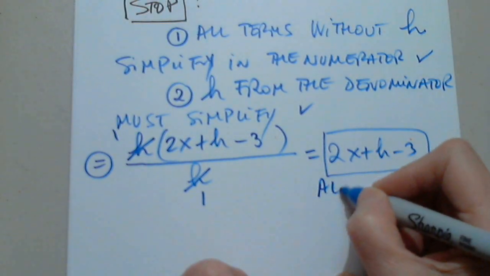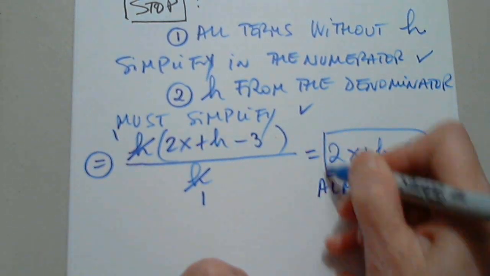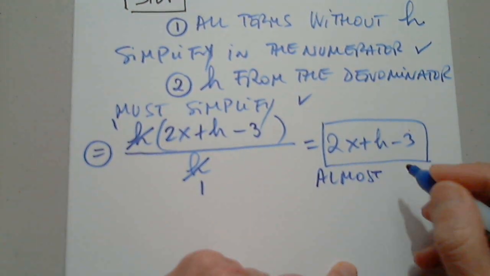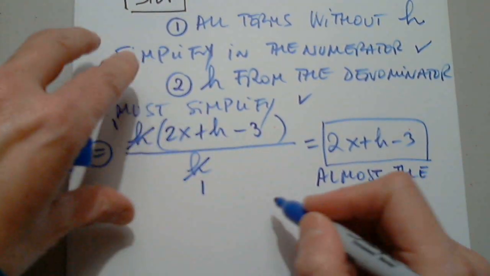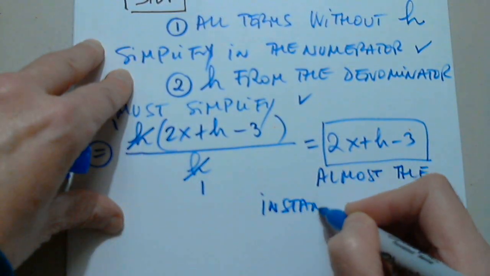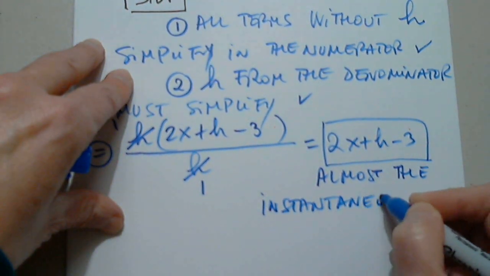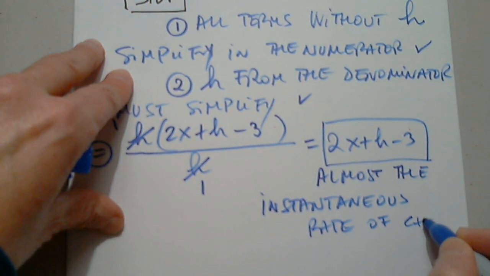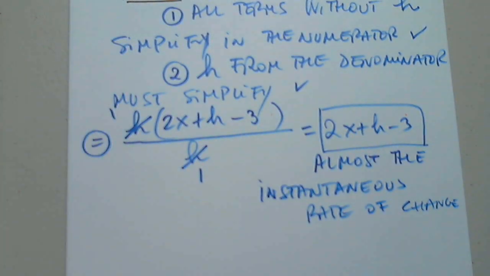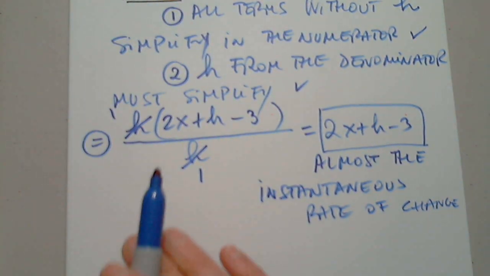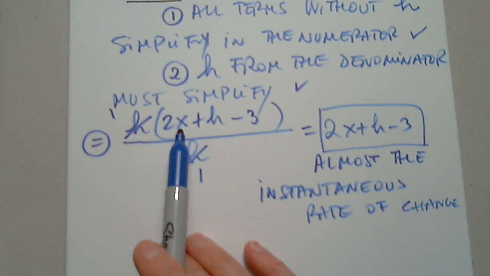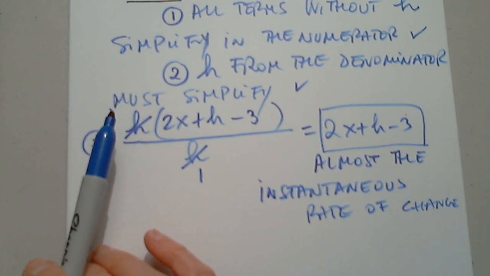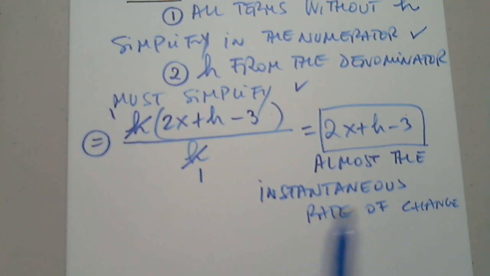So this expression is almost the instantaneous rate of change of f of x with respect to whatever this is. If x is in hours and the function is in miles, then it will be in miles per hour.